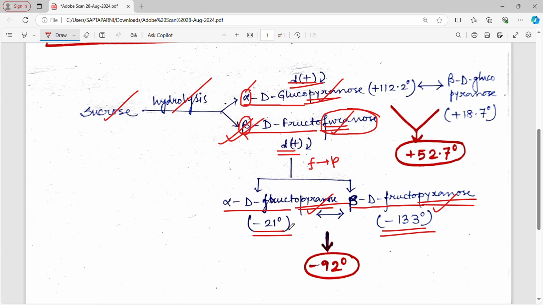And in the equilibrium mixture of these two anomers, we can see the overall levorotation becomes minus 92 degree.